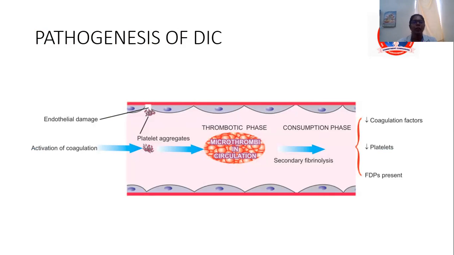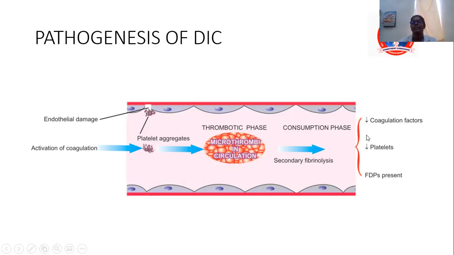Sometimes there may be endothelial damage, and the subendothelial collagen is exposed, which is more thrombogenic and causes platelet adhesion and aggregation. Once adhesion and aggregation are formed, there is formation of thrombi, which is called the thrombotic phase, followed by the consumption phase.